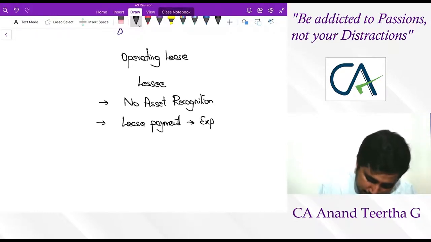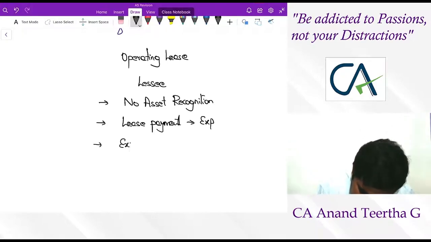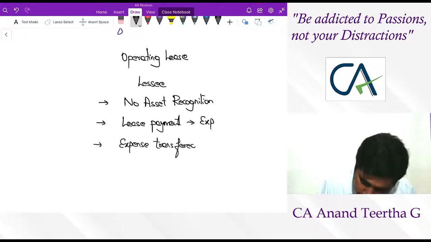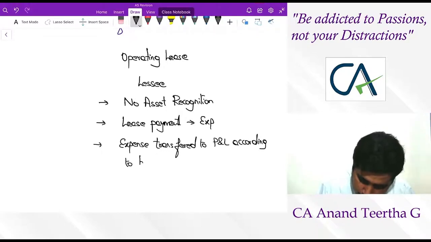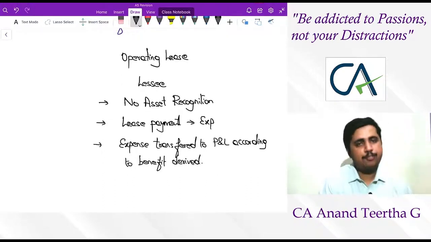Okay. Third, this expense is transferred to P&L according to the benefit derived. So whatever benefit you have derived out of the asset, accordingly the expense will be shifted to P&L.